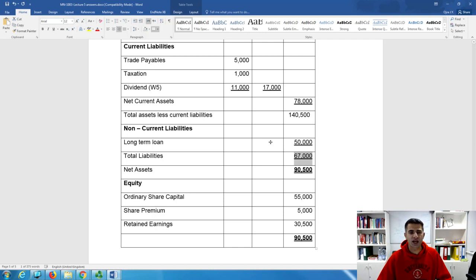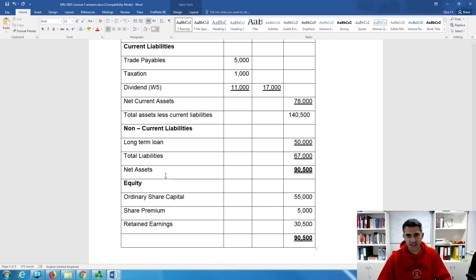Because we have the current liabilities of 17,000 plus the non-current liability of 50,000. That makes the total liabilities of 67,000.